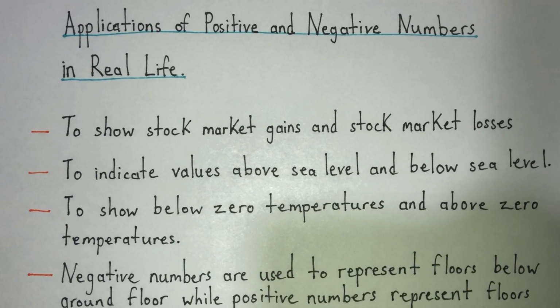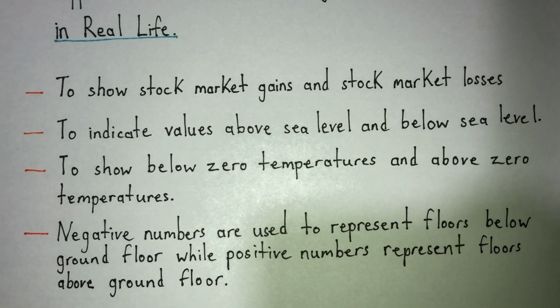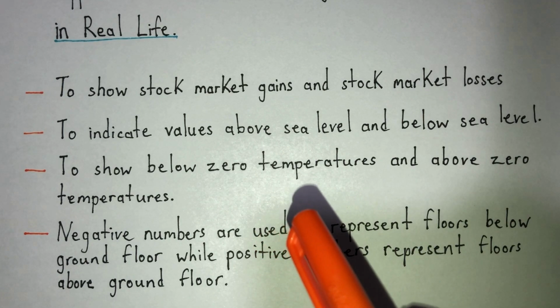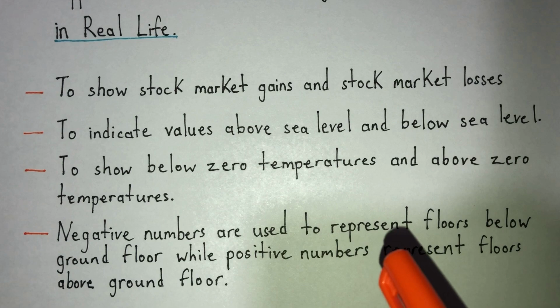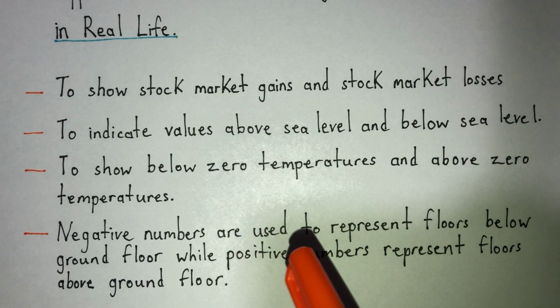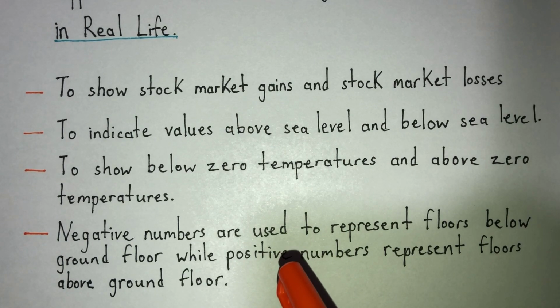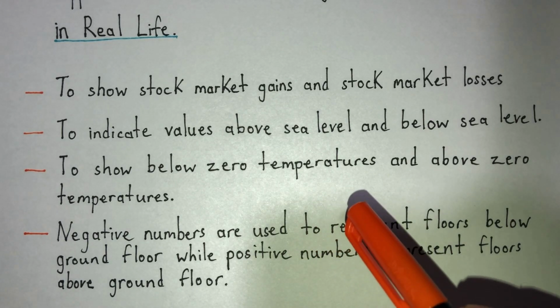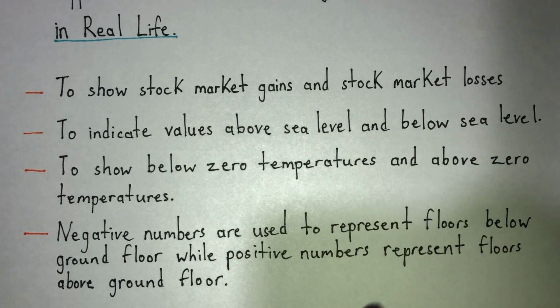Both negative and positive numbers are also used to denote the position of the floors in a building. A negative number represents floors below the ground floor, while a positive number represents floors above the ground floor, and the ground floor would be represented by a 0.